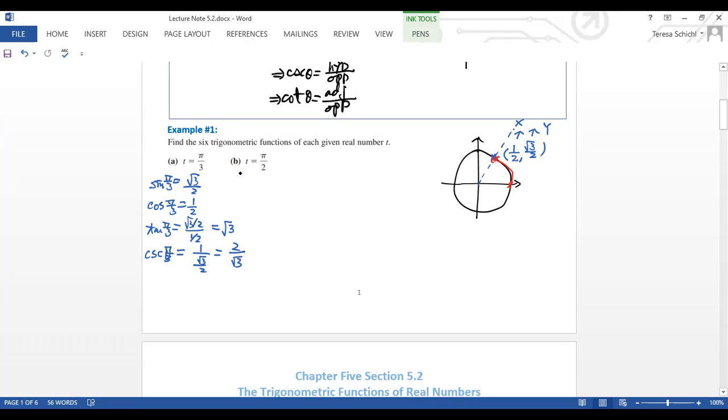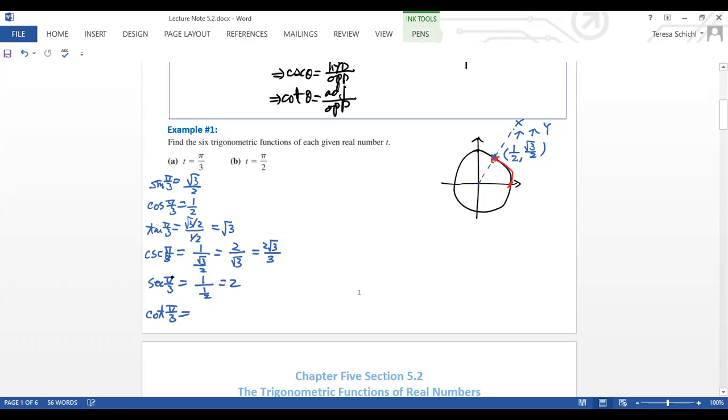Sometimes we want to simplify that, or you can just leave it, or if you want to get rid of the square root in the denominator, you can do this. Then the secant pi over 3 will be 1 over x. X is 1/2, so it's 2 here.